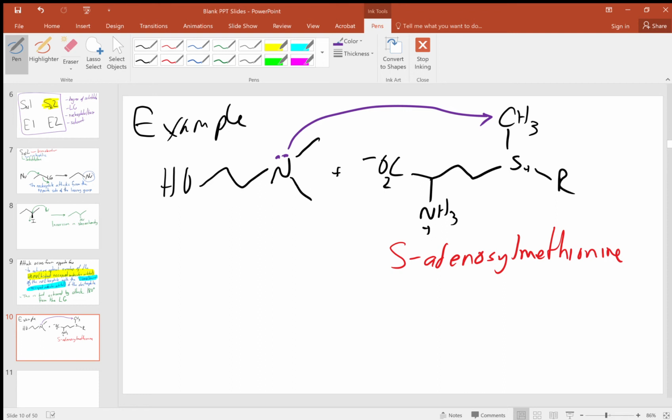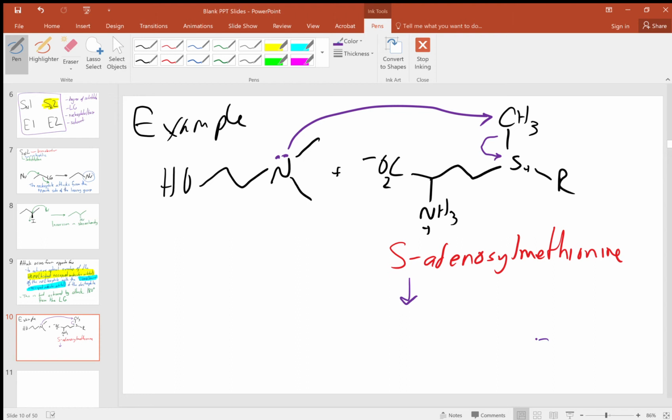Carbon and sulfur have almost identical electronegativities. But in this case, because the sulfur is positively charged, it wants electrons. And so if the lone pair on nitrogen attacks carbon, that can cause the carbon-sulfur bond to break and give those electrons to sulfur.